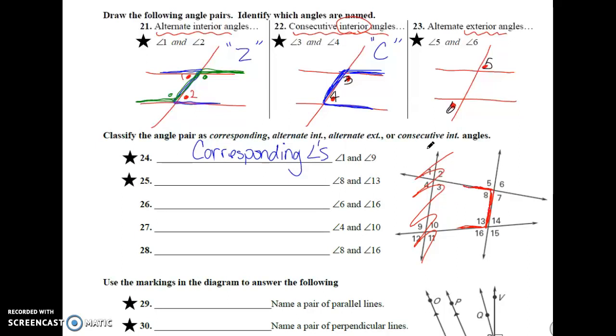And I notice that 8 and 13 make a C between those two. That makes those consecutive interior angles. So you want to continue on with those questions. Remember to cover up the part of the picture that's not needed because you're only describing 2 angles at a time.